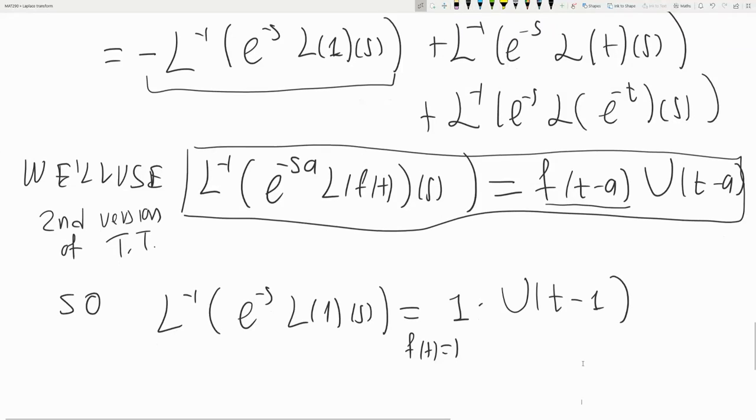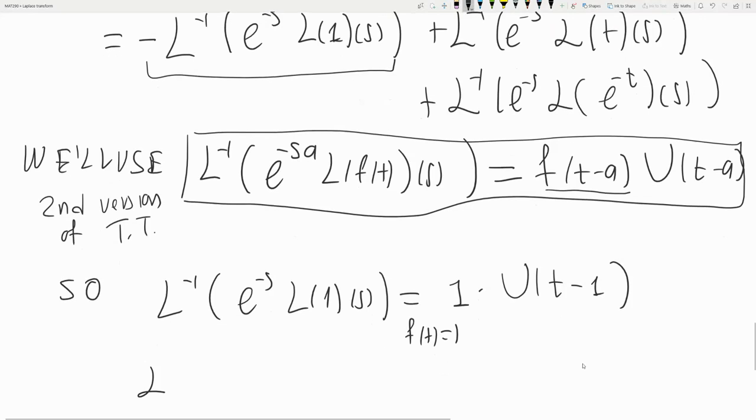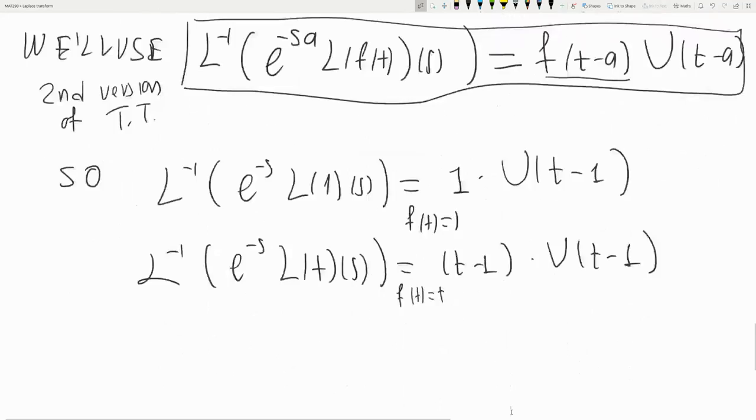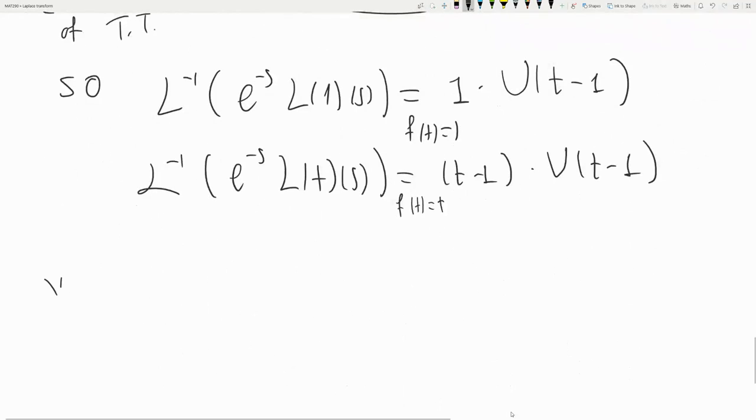Actually, let me do a polynomial one too. So e to the minus s, Laplace transform of t. Here f of t is t. So you get t minus 1 times u of t minus 1. Okay? All right. So the solution will be as follows.